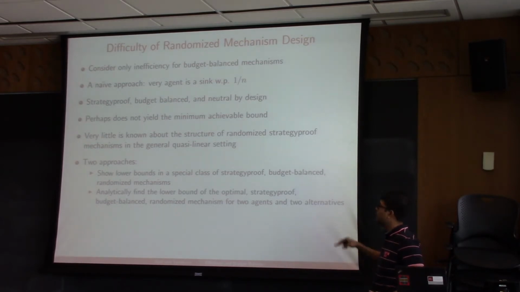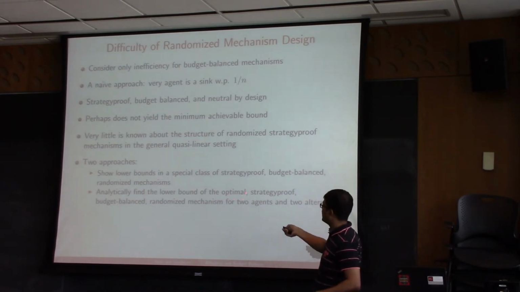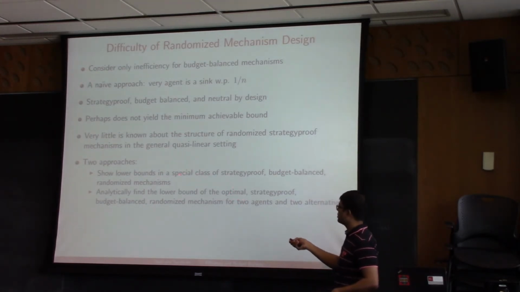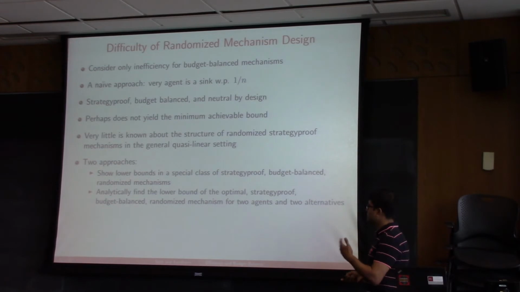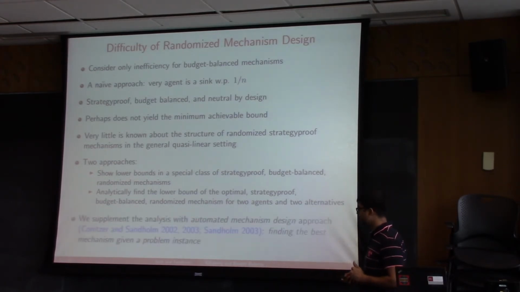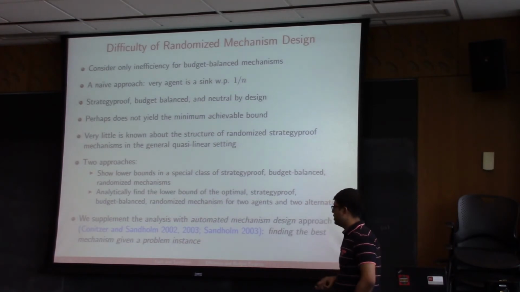In the second part, we look at finding the analytical lower bound of an optimal strategy proof mechanism. So now we are looking at the optimal mechanism, not coming from a specific class. To solve this problem, we use the techniques of automated mechanism design so that the problem can be posed as an optimization problem, and we'll see how these results perform.